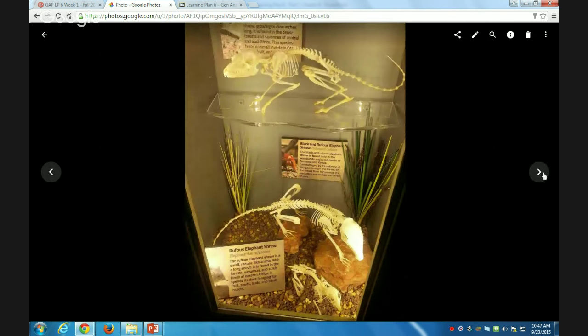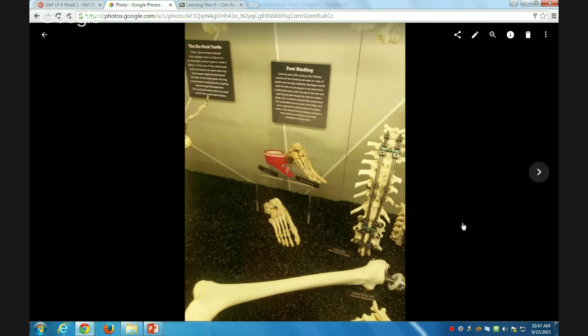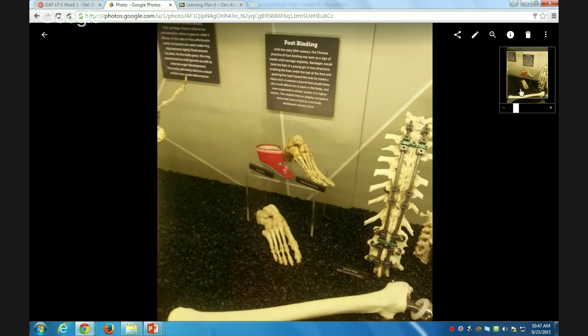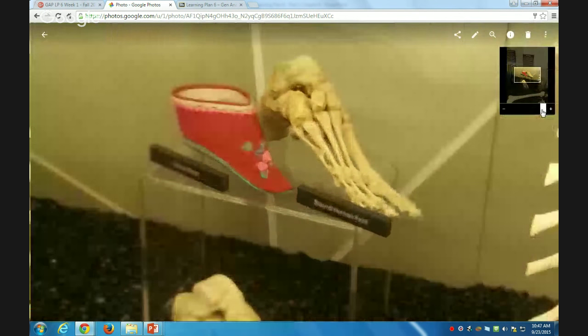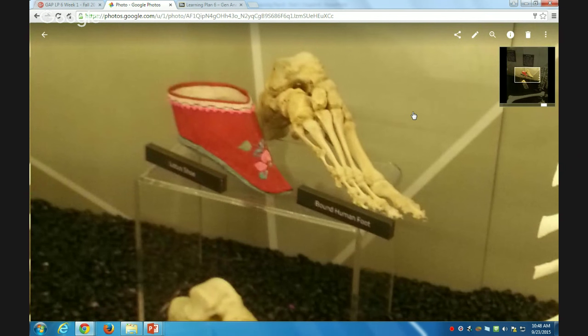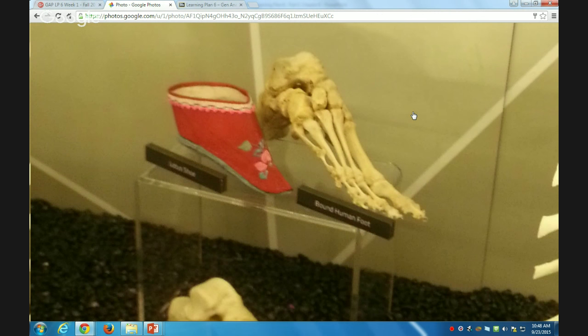They had an area of human bones, and it's kind of hard to see here, so I'll zoom it in a little bit. But they're talking about the binding of feet, how they used to bind human feet. You ever heard of this? Yes. Binding feet. What they would do is bind the feet to make the foot appear smaller.